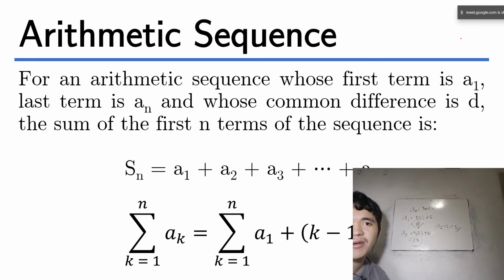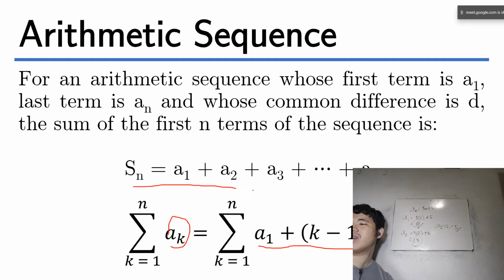Okay. Next. Tapos, pag in-express natin in terms of summation notation, magiging ganito. Di ba, ang bawat term is a sub k. Tatandaan nyo kanina, ang nth term is a sub 1 plus n minus 1 times d. So, lalagay nyo lang yun dito.